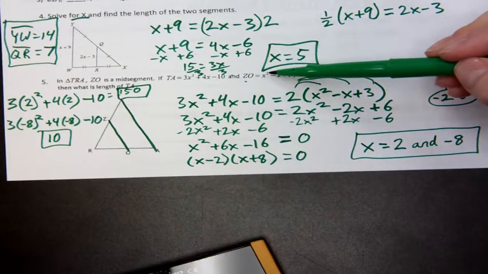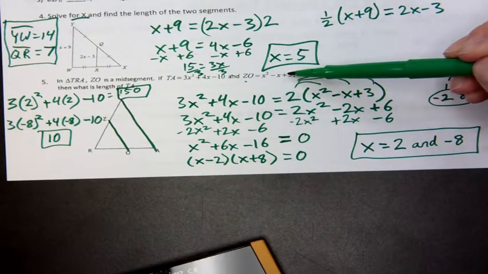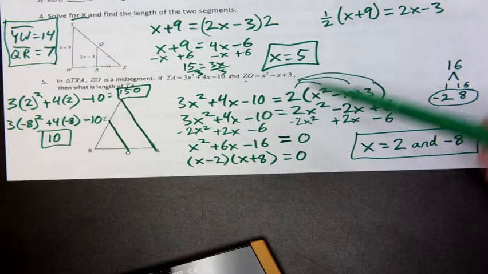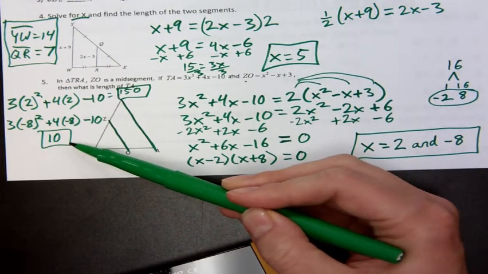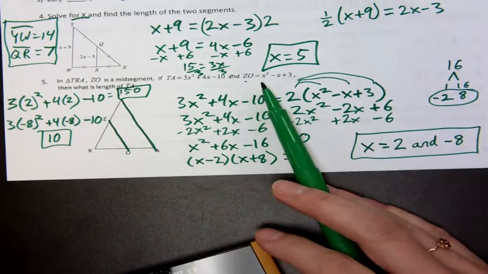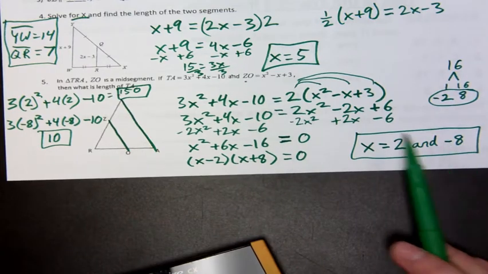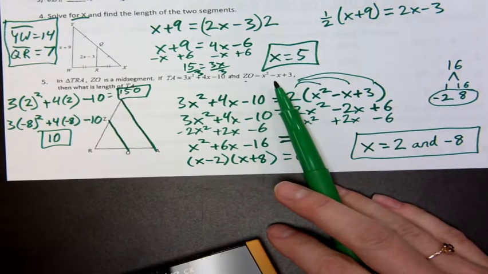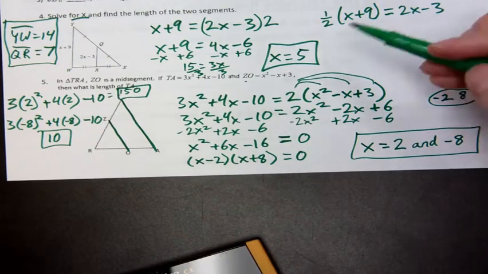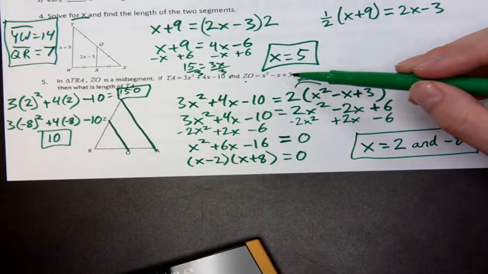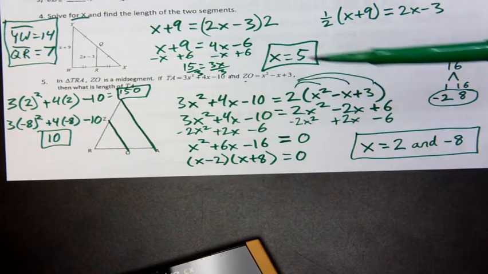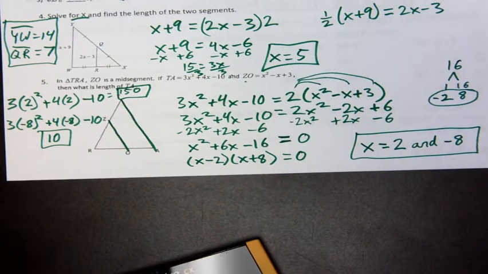So 2 squared is 4, minus 2 plus 3 is 5, right? So 5 is half of 10, so that one works. And then x squared, so negative 8 squared is 64, minus negative 8 plus 3 also comes out to 75, so it's half of them. So in this case, they both check.